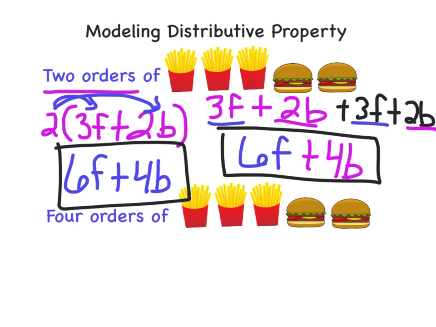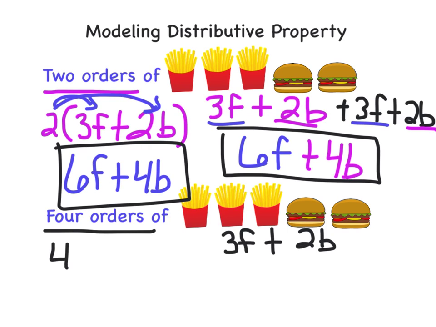Welcome back. Let's look at the next problem. So this time they have 4 orders of the same thing. So we still have 3 French fries plus 2 burgers. But this time I have 4 orders. So I would write this 4 times 3F plus 2B.